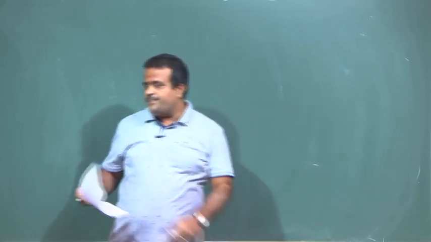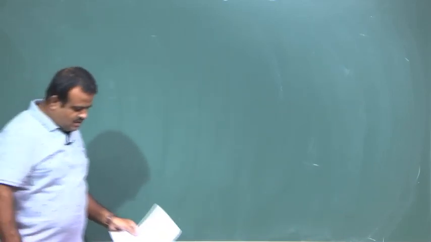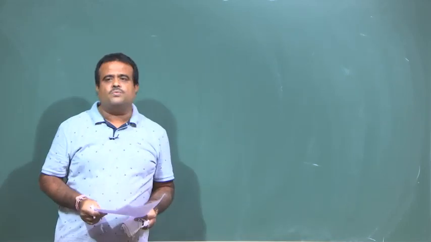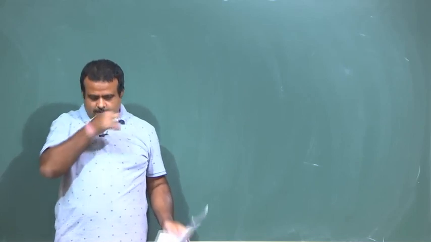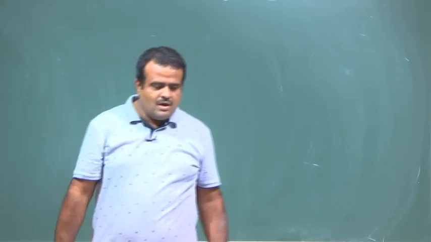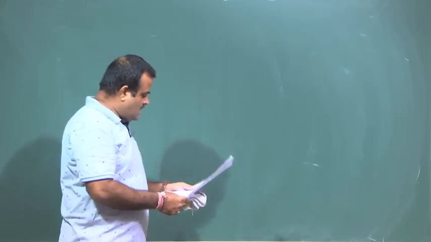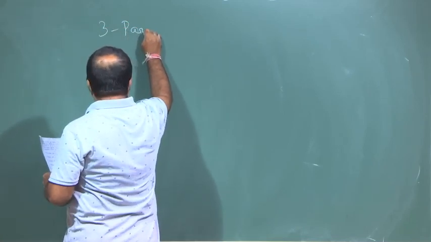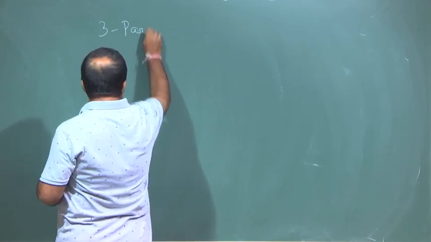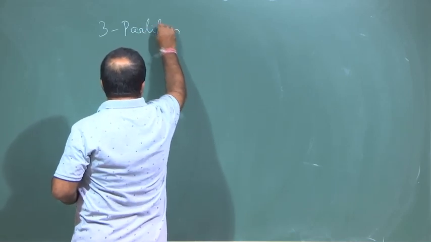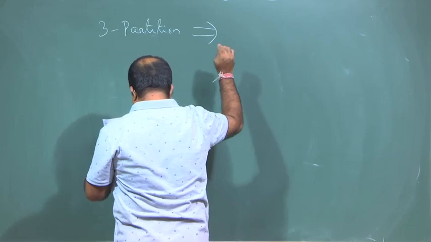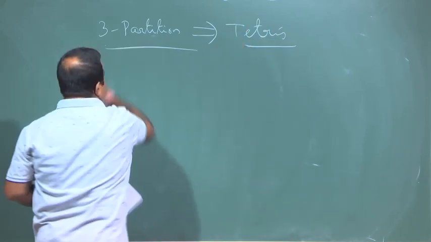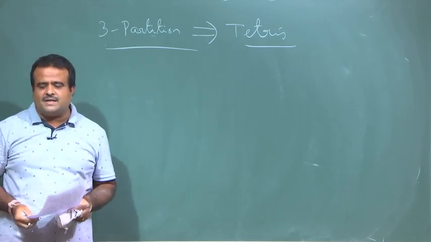Now we talk about how we can use this reduction to prove something called NP completeness. For example, the three partition problem can be reduced to the Tetris problem. So, what is the three partition problem?